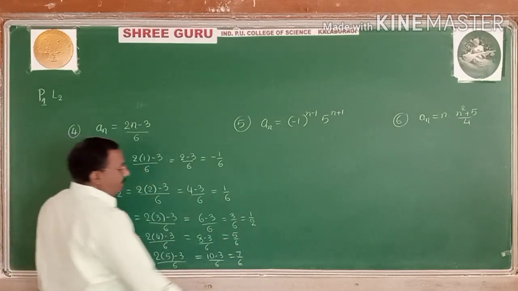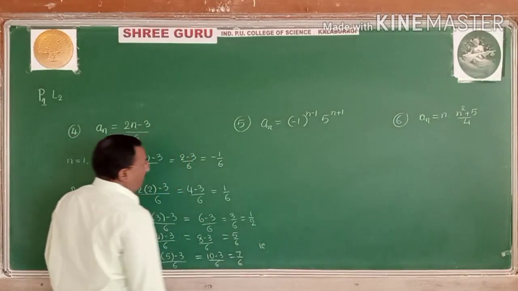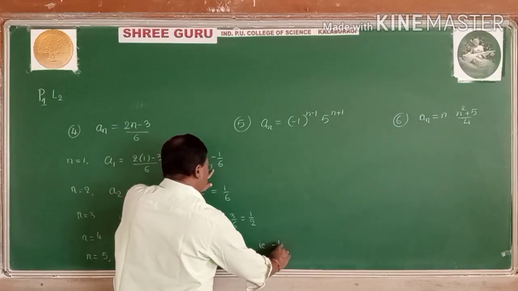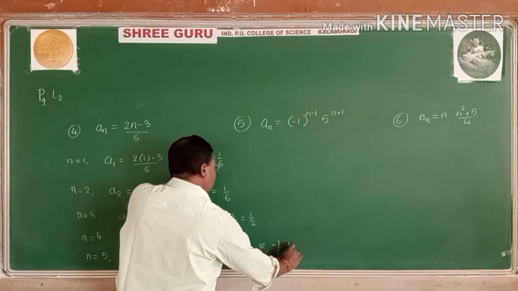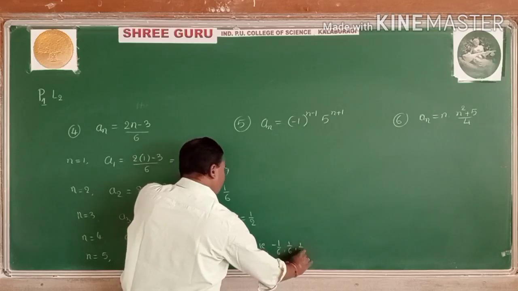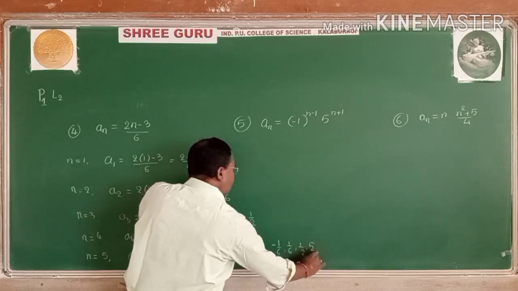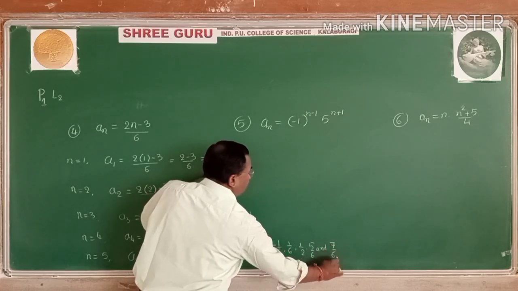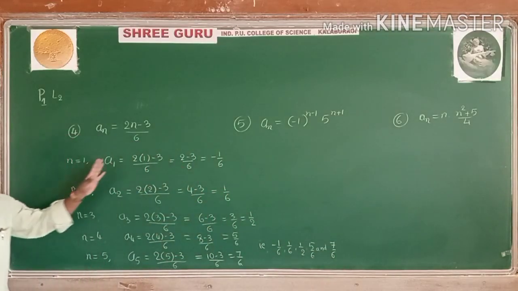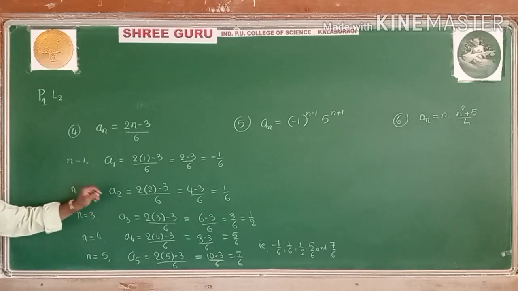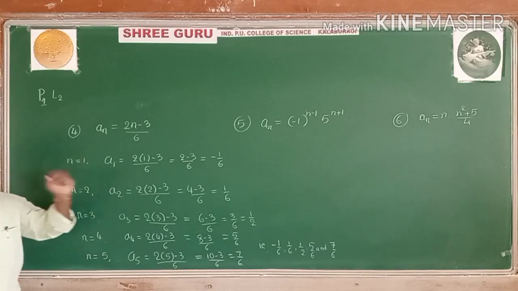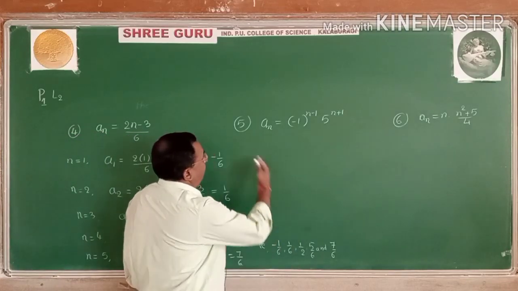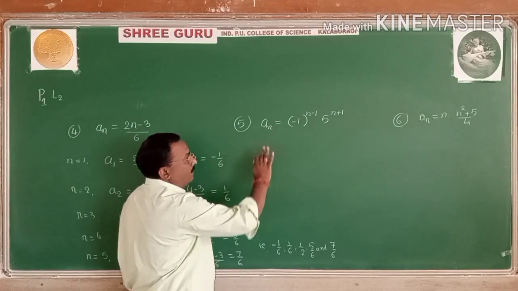The corresponding sequence is minus 1 by 6, 1 by 6, 1 by 2, 5 by 6 and 7 by 6. This is the sequence. Any doubt? Here n is replaced by 1, 2, 3, 4, 5 because it is up to 5 terms. The next ones you do in your homework.